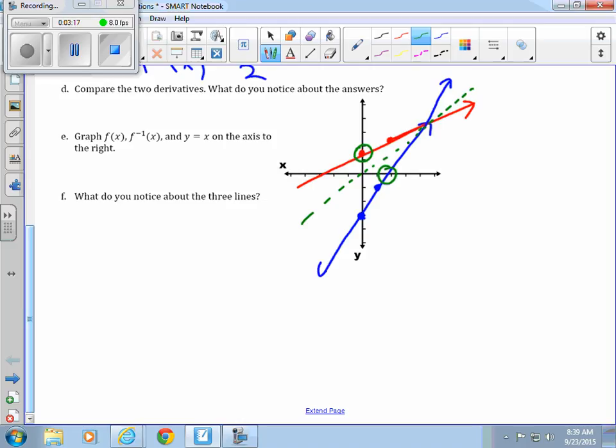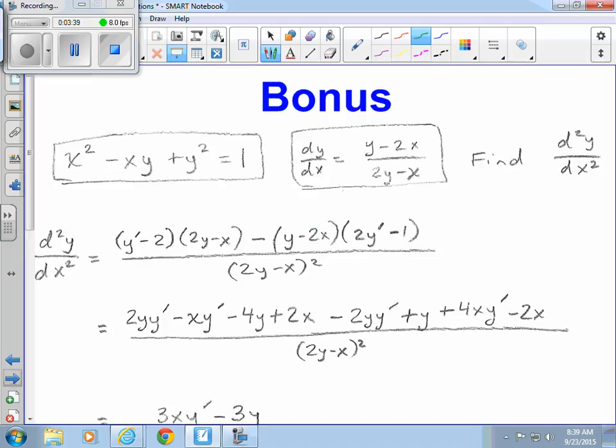So the slopes are reciprocals, but they are reciprocals at different x values. They are reciprocals at 0. This slope is the reciprocal of that slope when y is 0. So that will create a small challenge, and that's what we're going to learn about today.